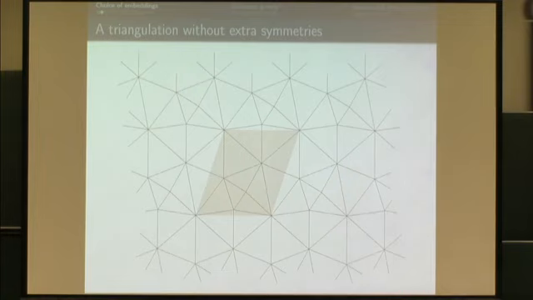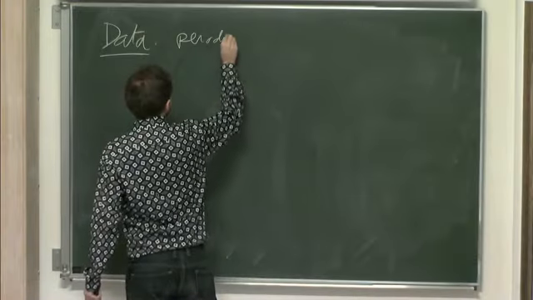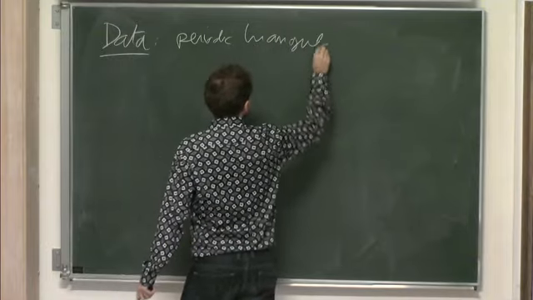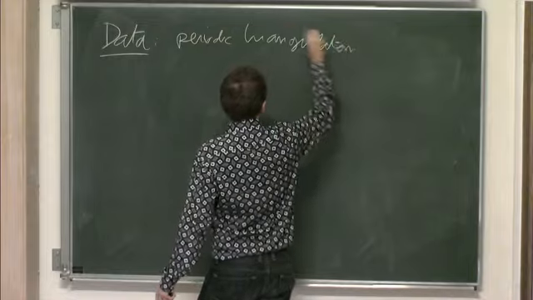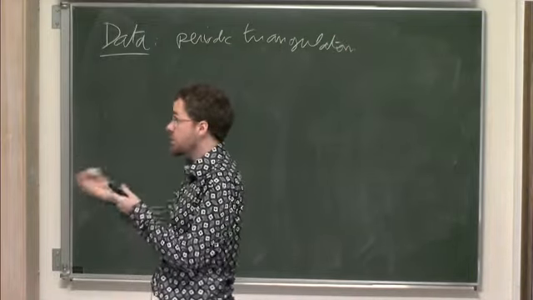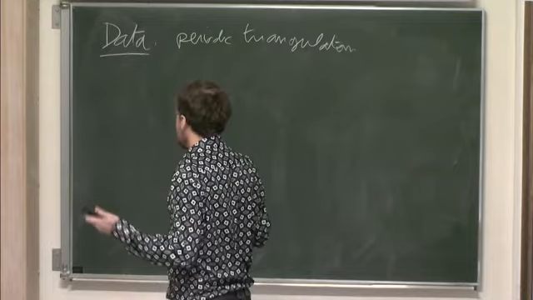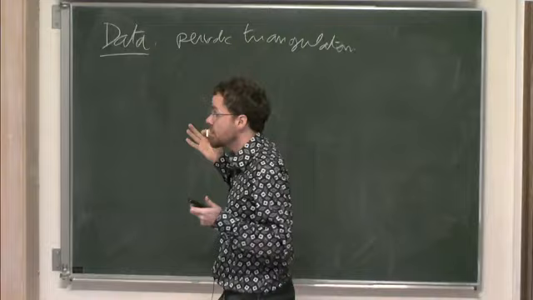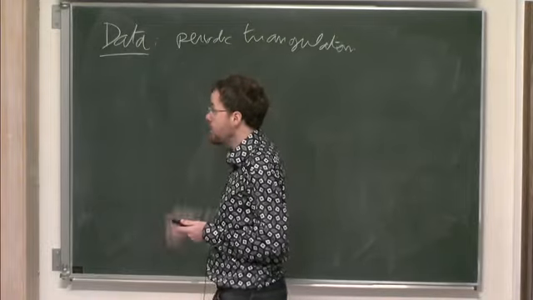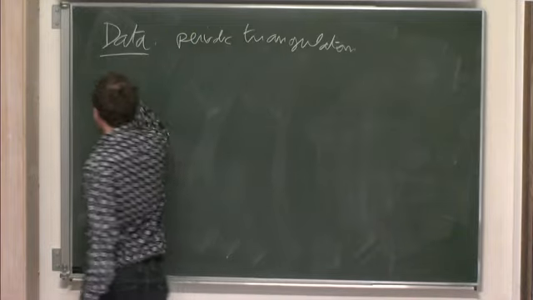So the data, what you start from is this periodic triangulation. So it has no geometric structure. It's just the adjacency between the vertices, and it has some automorphisms which are given by translations and which form a Z2.